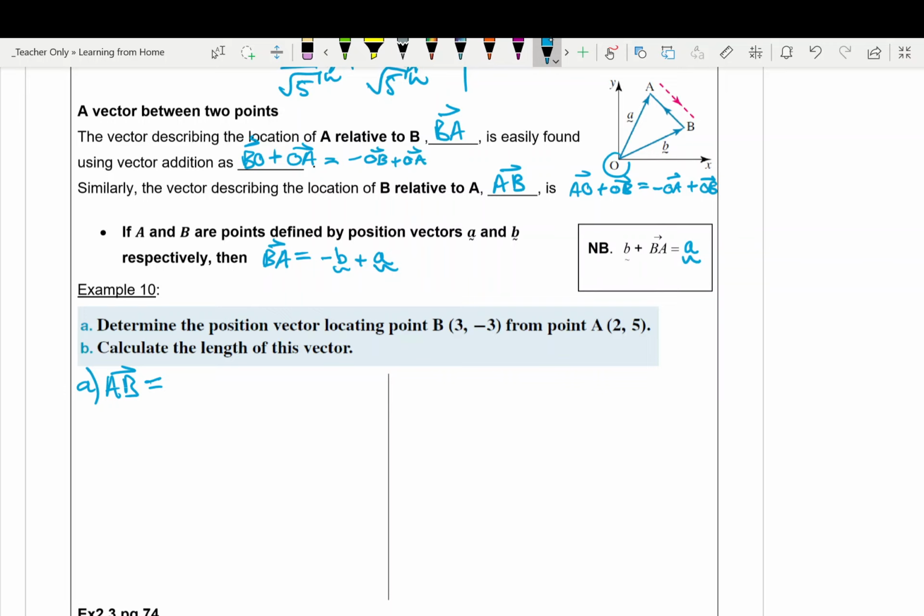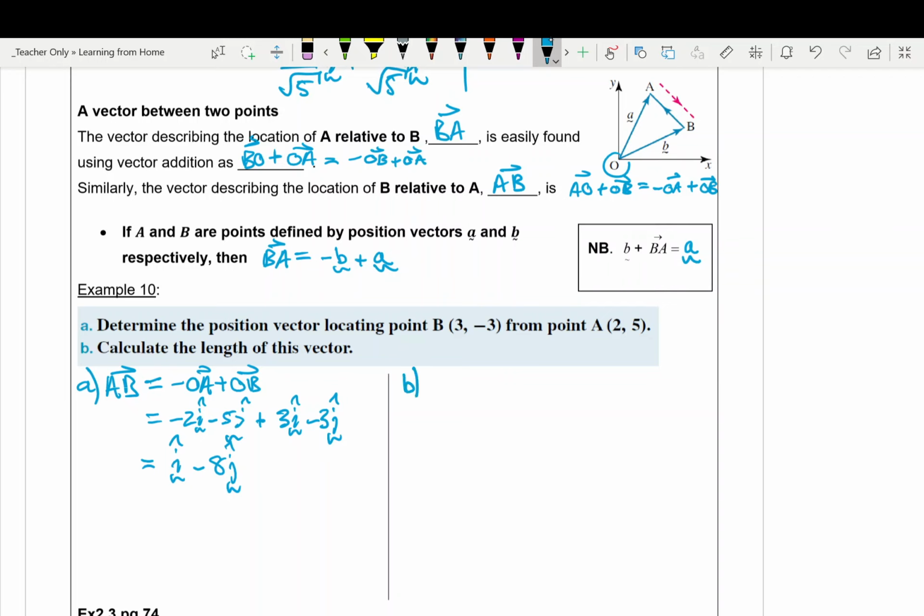So AB is given by negative O to A plus O to B, which in our case here, negative O to A is negative 2i minus 5j, and we're adding 3i minus 3j. So if we compute this, negative 2 plus 3 is i, negative 5 minus 3 is negative 8j, and that is going to be the position vector A to B.